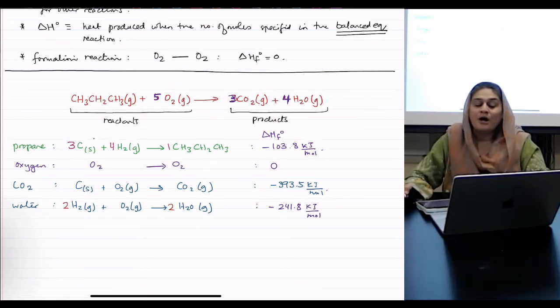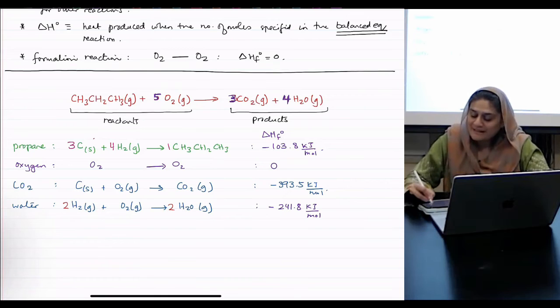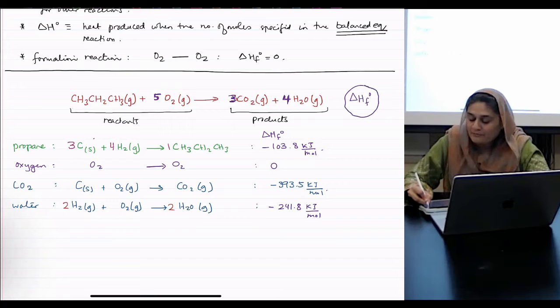If I know all of that, can I find the delta H for this reaction? How?